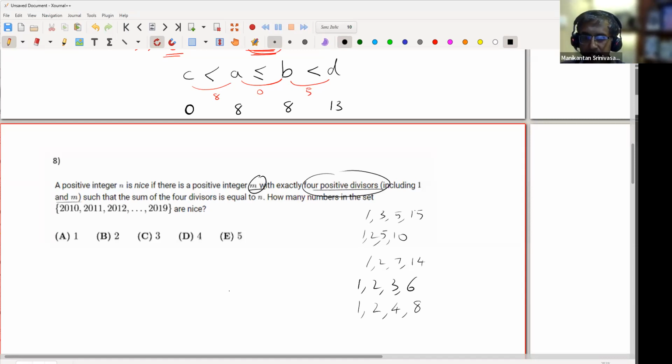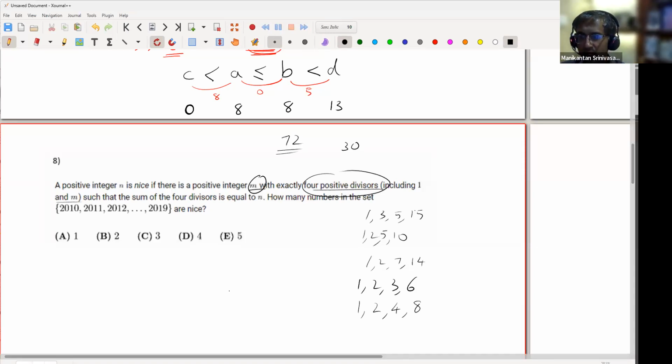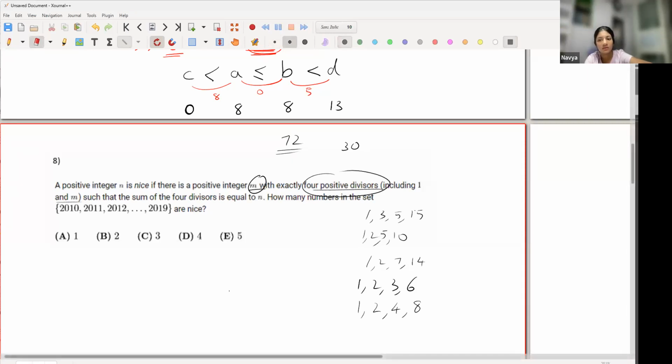Excluding squares, cubes, and all that, right? Yeah. For example, let's take 30. It's not a square, it's not a cube, but it does not have 4 factors. It has a lot more, right? Or any number, like 72 is not a square or a cube. The divisors must be prime.